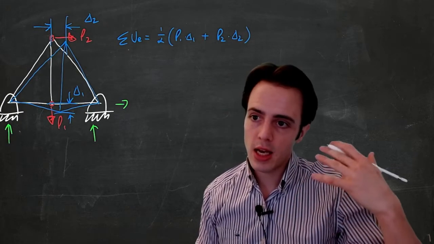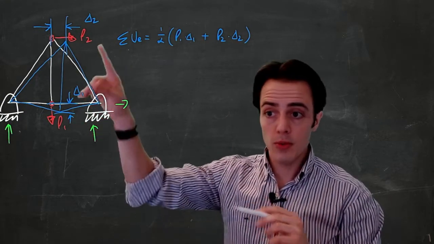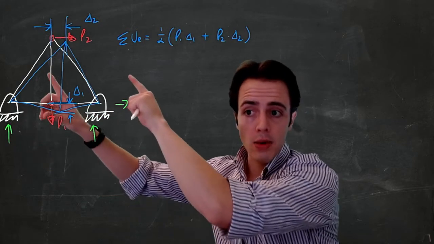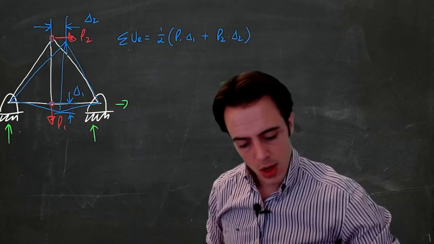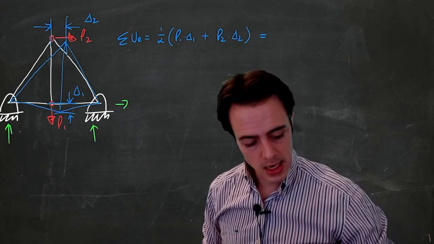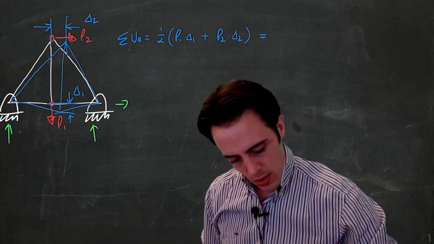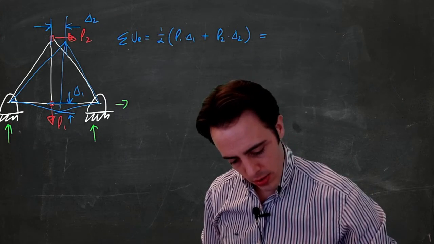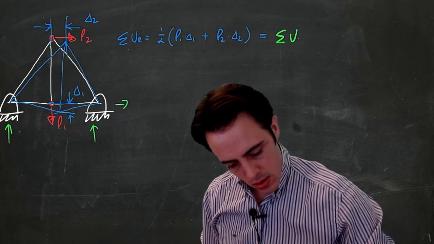And if we have the relationship between P1 and P2 and the reactions, and we can do the method of joints to work out the internal forces, we will be able to determine the internal energy. So let's say we've got UI.